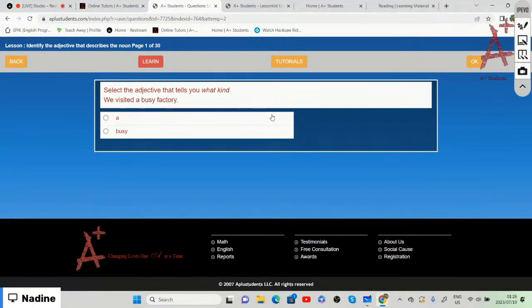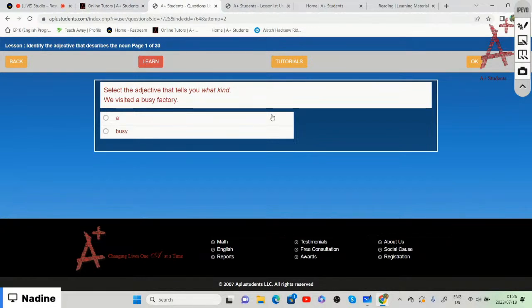We visited a busy factory. We visited a busy factory. We need to choose between the words either a or busy, right? That tells us what kind. And the noun that is being described is factory.